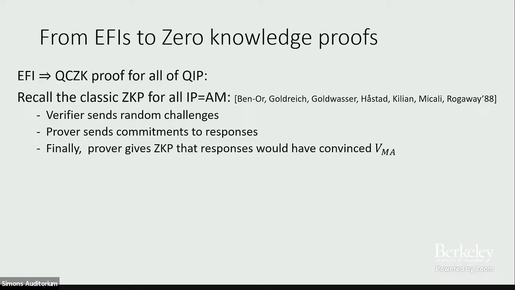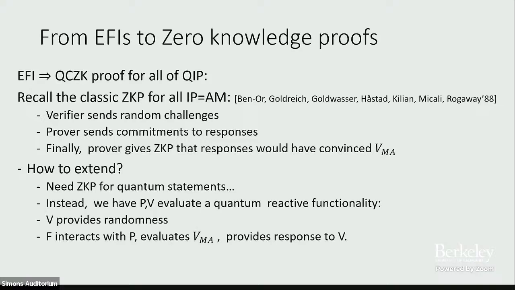The verifier sends random challenges, and the prover doesn't send the responses, just commitments to the responses, and then in the end it gives us one proof that the original verifier would have been convinced. So how do we do this quantumly? It sounds like a problem, because you need zero knowledge proofs now when the statements are quantum, because the statements are the commitments.